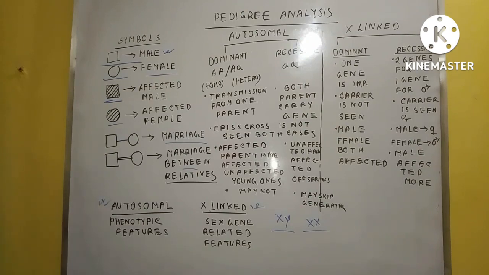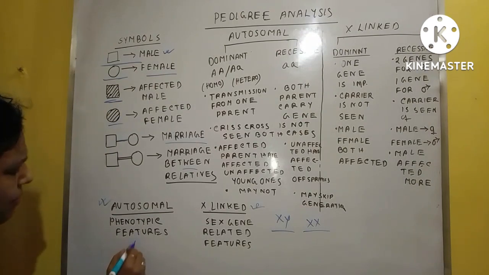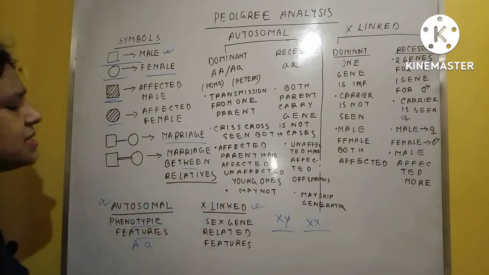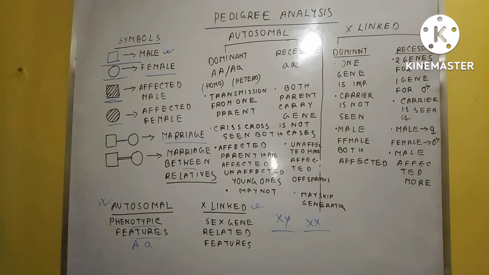In case of autosomal, we generally use a capital letter and a small letter. Autosomal means the phenotypic features described by autosomal chromosomes, and X-linked means the sexual features generated in the young ones by the X-linked genes.